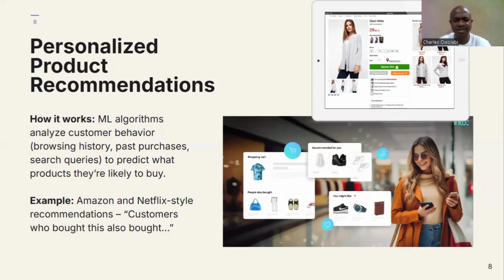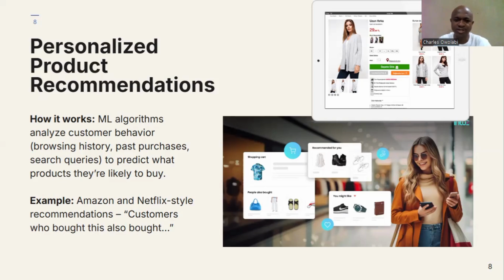So basically, let's look at personalized product recommendation. This is one of the wide uses of machine learning in making recommendations, and it's used essentially in recommendation systems in online shopping, and even in book recommendation, and so on and so forth.